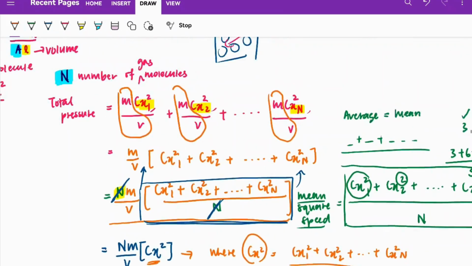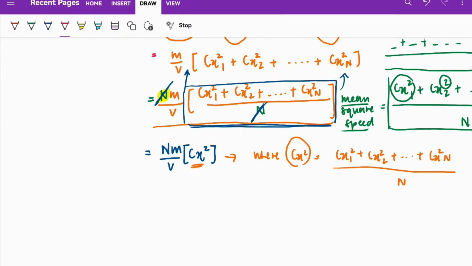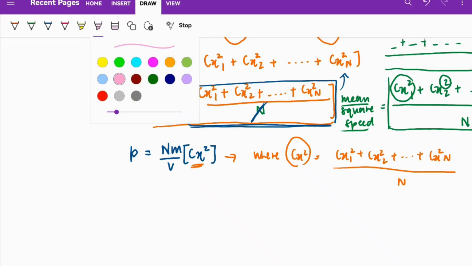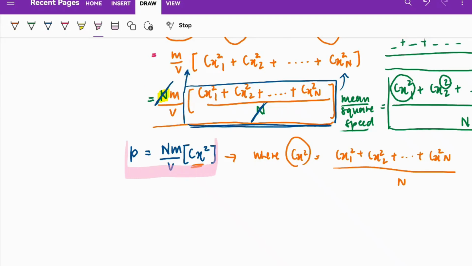Okay, nice. We got our formula for mean square speed. Okay, I think it's better I highlight it. Let me use the pink highlighter. So you can see this, the first formula for mean square speed.